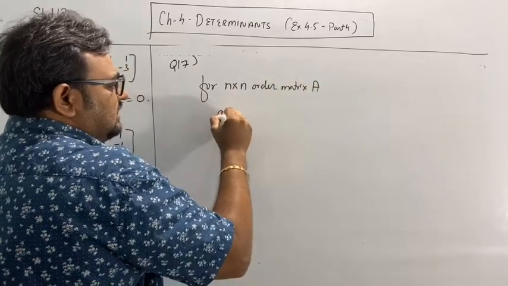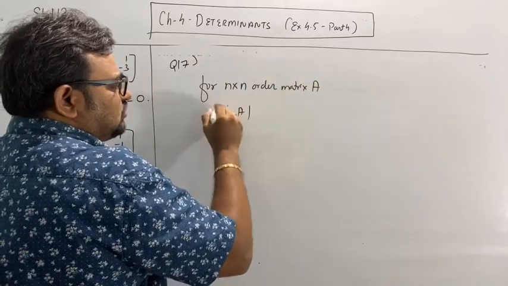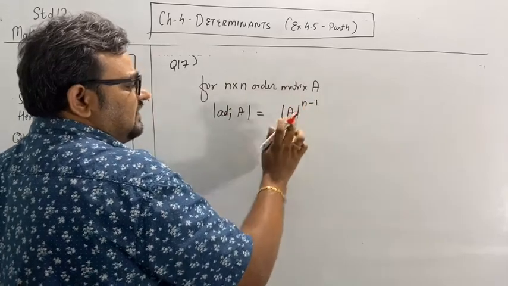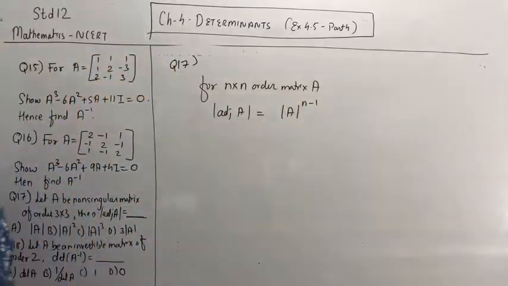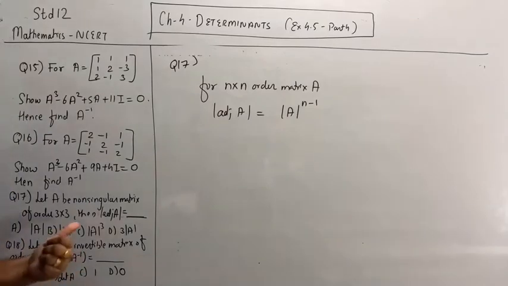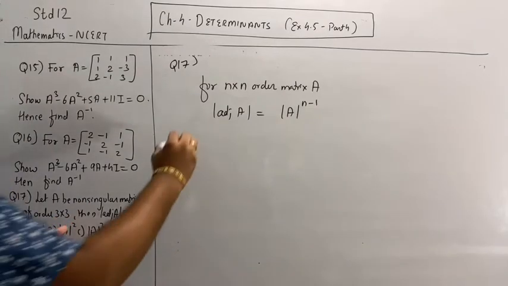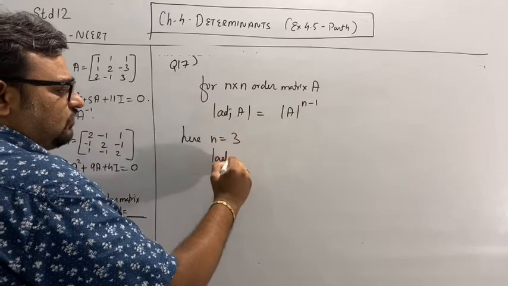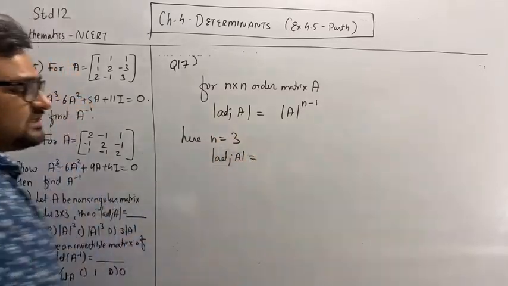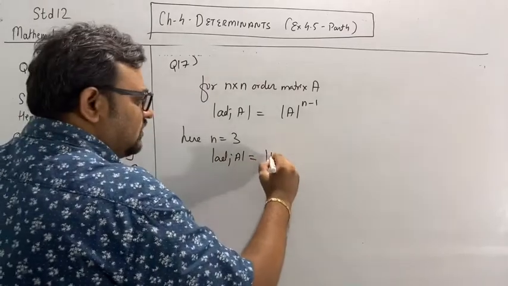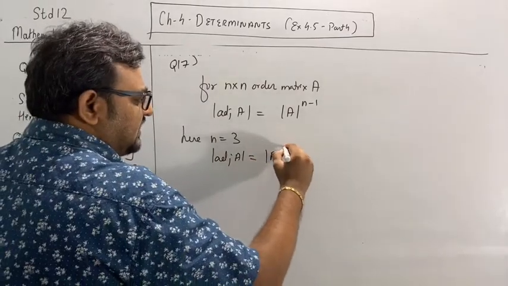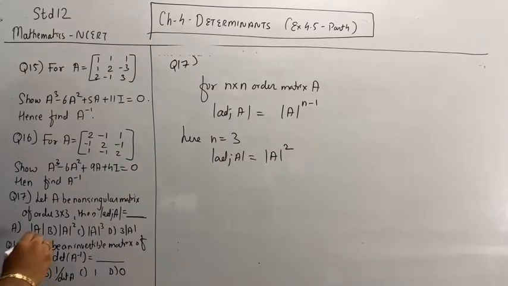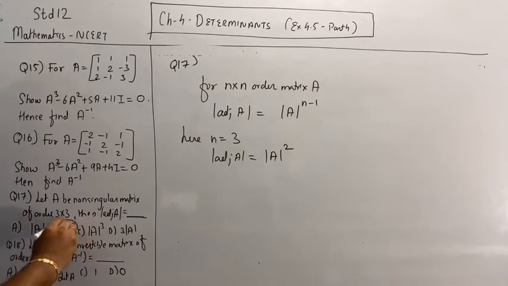The determinant of adjoint of A will be equal to the determinant of A raised to n minus 1. In this case, it is a 3 cross 3 matrix, so n is equal to 3. Therefore, the determinant of adjoint of A will be equal to the determinant of A to the power 3 minus 1, that is 2. So option B is the correct one.